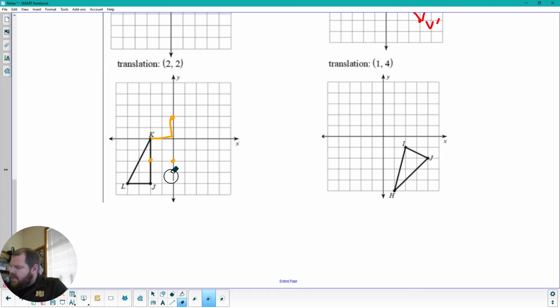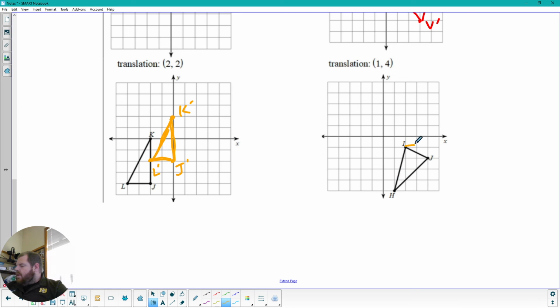Those kind of guidelines are okay to draw, but I would get rid of them once I knew where everything was, just to clean up what I had just a little bit. But I do expect to see the image drawn as well as the points relabeled. So that would be L prime, J prime, and K prime. Okay, that is my expectation.